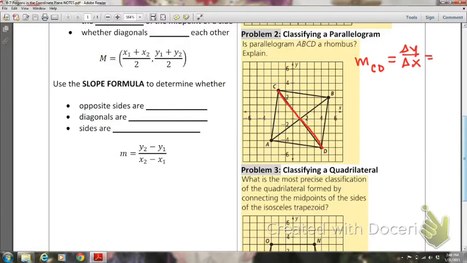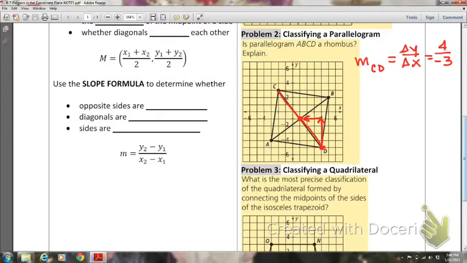Let's pick 2 points on the line: the point at D and the point where the diagonals cross. I'm picking 2 points that are exactly on the line, and my rise, I'm going to go up 4, so that's a positive 4 for my change in y, and then I'm going to go left 3, so that's a negative 3 for the change in x.